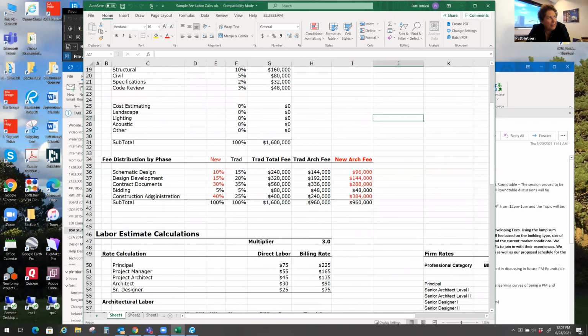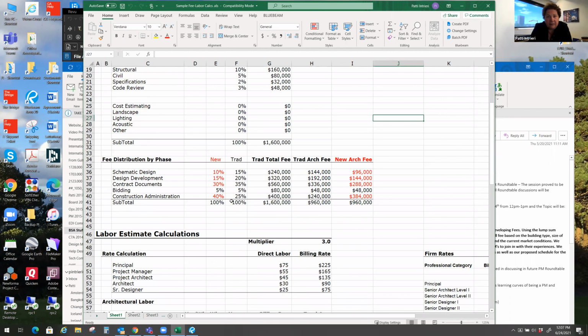Then the other way, and this has been tried and true with the AIA for a long time, traditionally 15% schematic, 20% design development, construction documents, and construction administration.